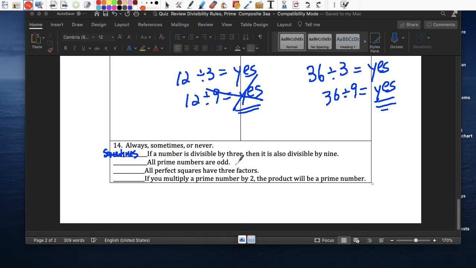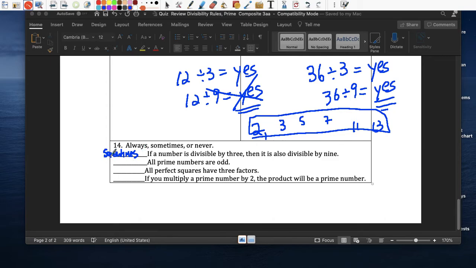All prime numbers are odd. 3 is a prime number, 5 is a prime number, 7, odd number, odd number, odd number, 11, 13. But don't forget your first prime number. What's your first prime number? Your first prime number is the number 2. So can we say that all prime numbers are odd? We can write sometimes, right?